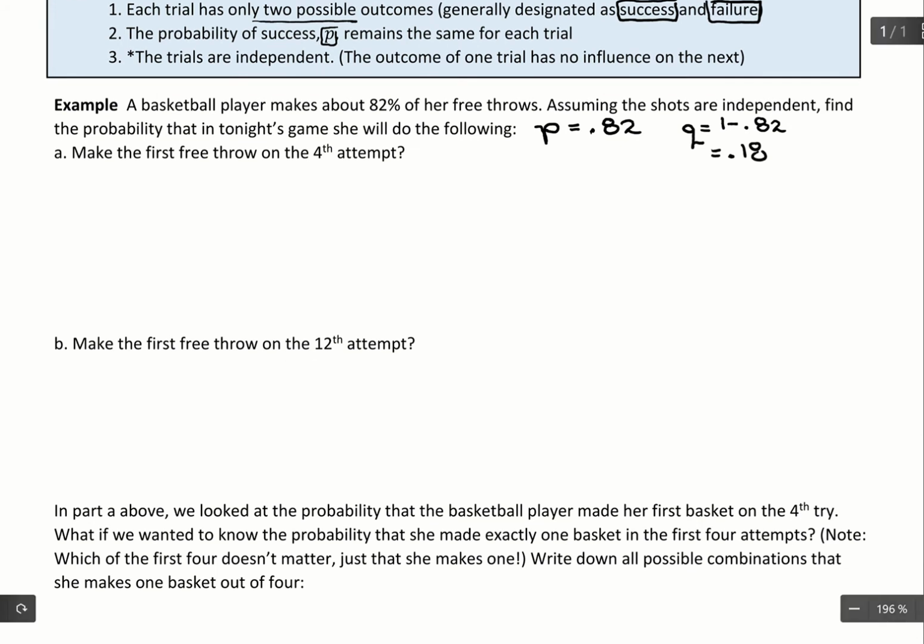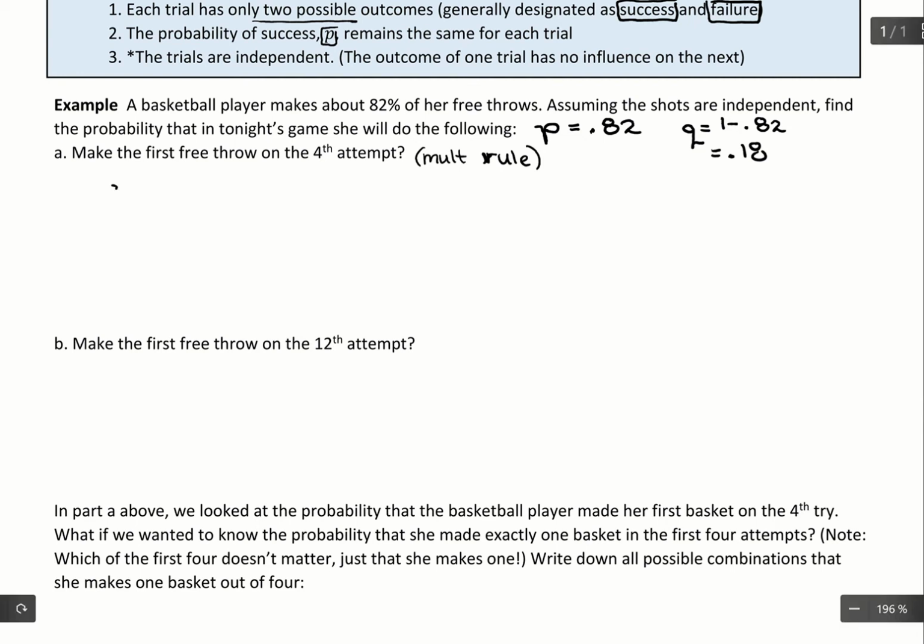So this first one says that we want to find the probability that she makes the first free throw on the 4th attempt. So what we're looking for here is the sequence of events, where we want to see her miss, and then miss, and then miss, and then on that 4th attempt, she makes it. And the sequence of events, along with the fact that we have independence, brings in our multiplication rule. We're looking for these "and then" scenarios, and with independence, we just multiply the probabilities.